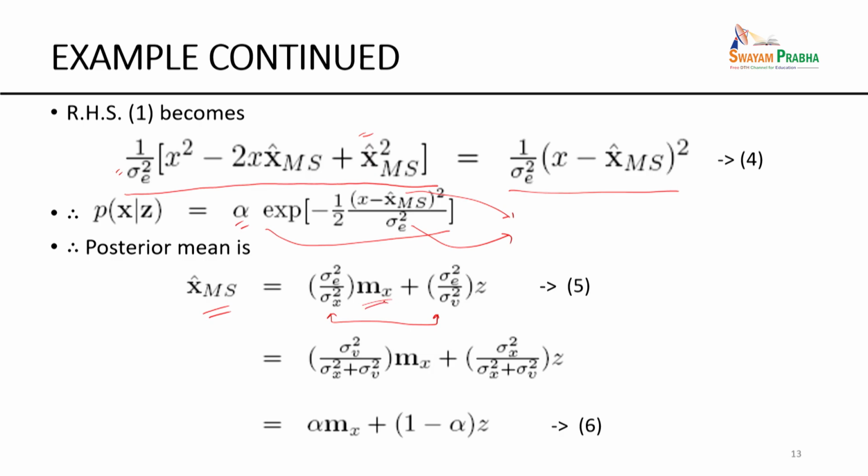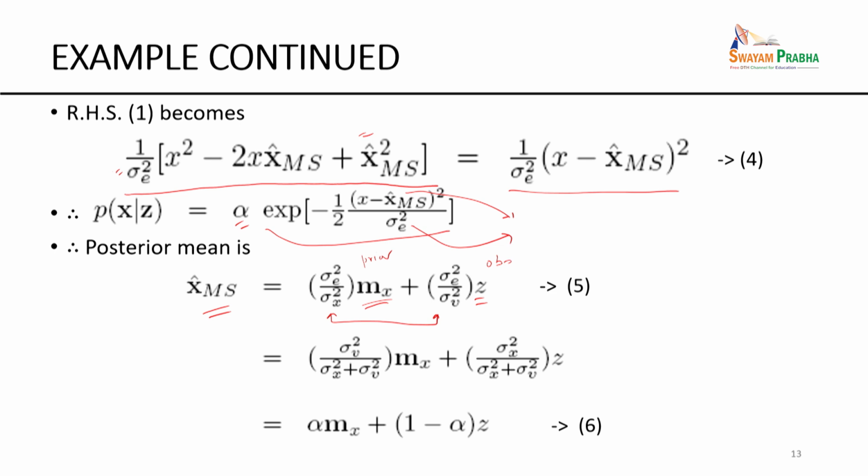Mx is the mean of the prior. What is z? Z is the new observation. So the Bayesian mean square estimate is simply a linear combination of the prior mean and the observation.